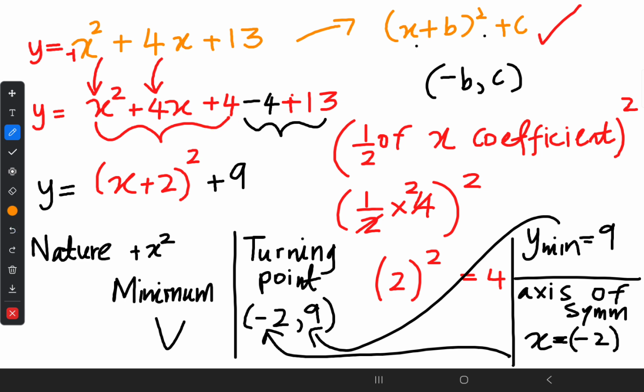If the x square coefficient is positive 1, you can write it, and the x coefficient you can write as well, and half of the x coefficient square, that is the third part you need to add. To nullify that you subtract and keep the constant itself. After simplification you can make it like this common form, and you can analyze the data.